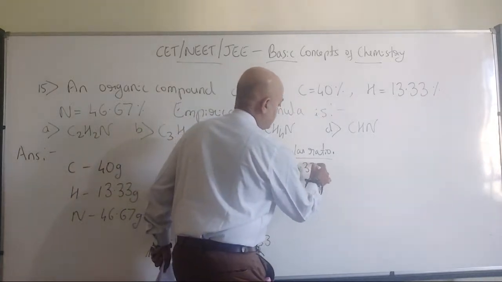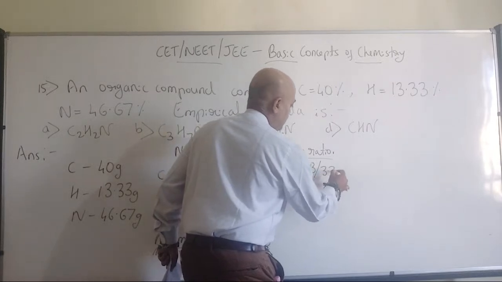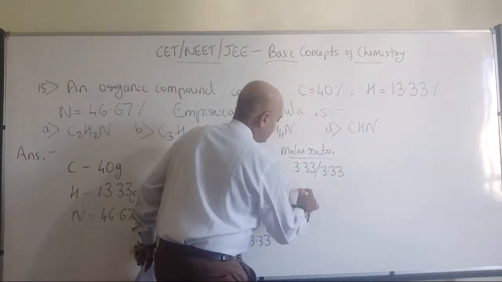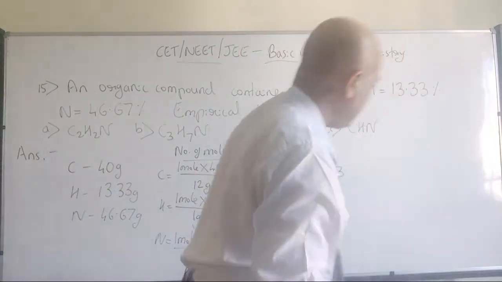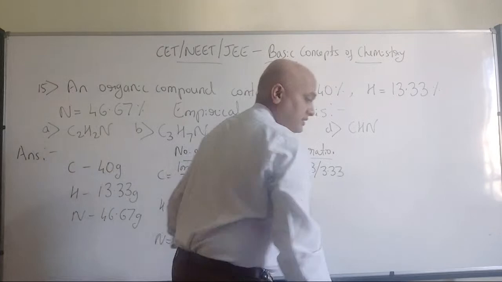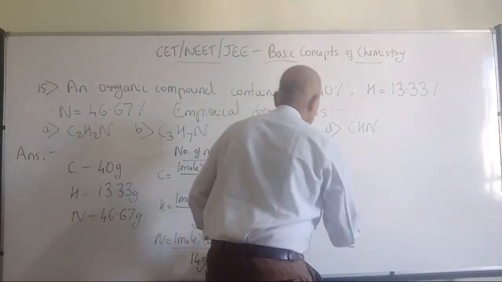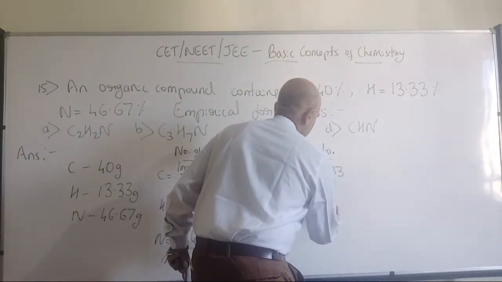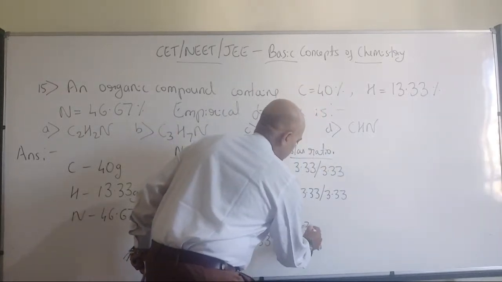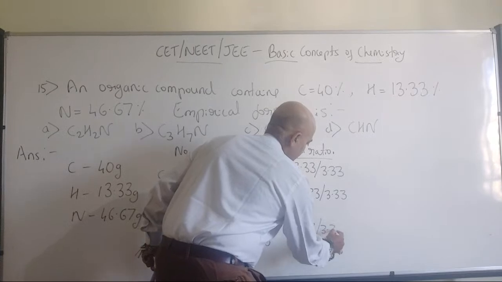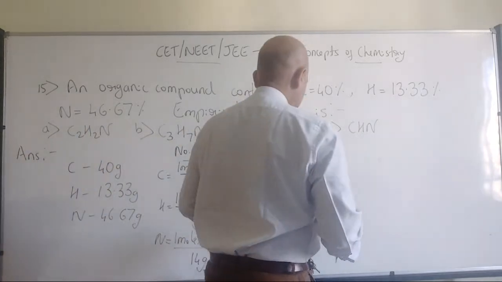So 3.33 divided by 3.33, 13.33 divided by 3.33, then once again 3.33 divided by 3.33.